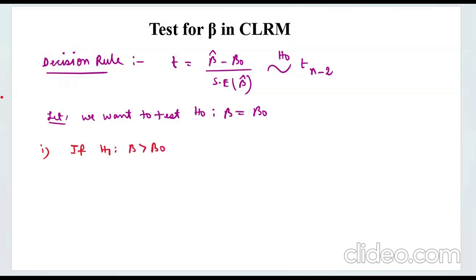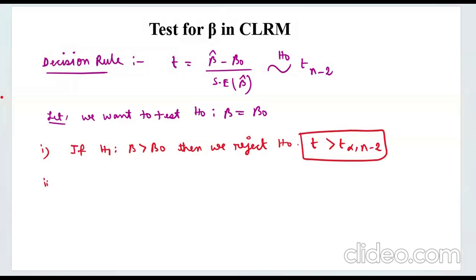This is one possibility. Then we reject H naught if T is greater than t alpha, n minus 2.